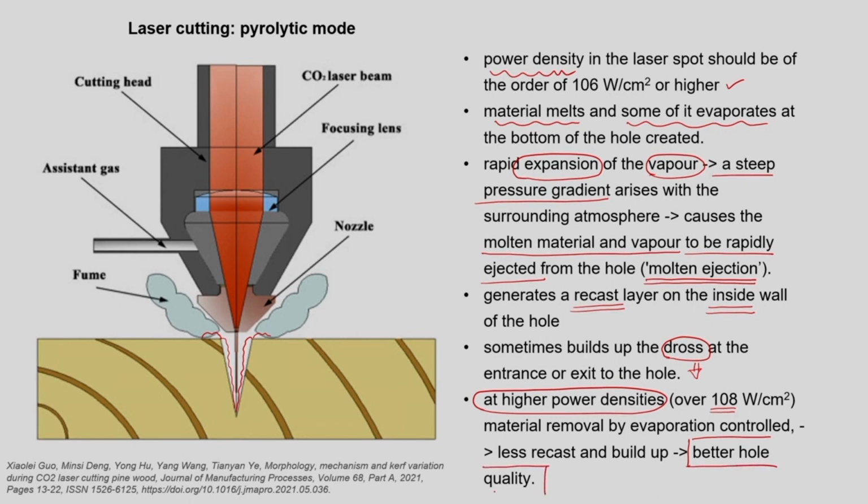So, in the pyrolytic process we use the heat energy generated by the interaction of photons with the atoms of the workpiece material, and due to that we get the required melting and evaporation of the material. In general, we use this for the separation, removal or parting of metals.